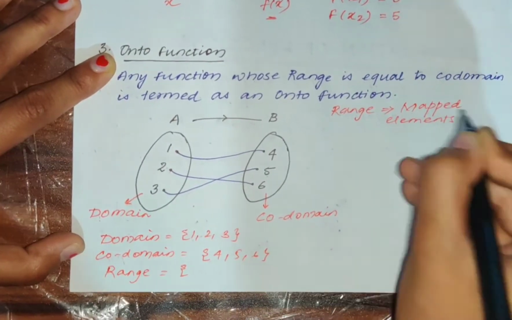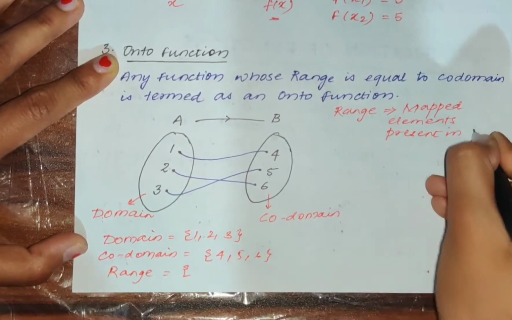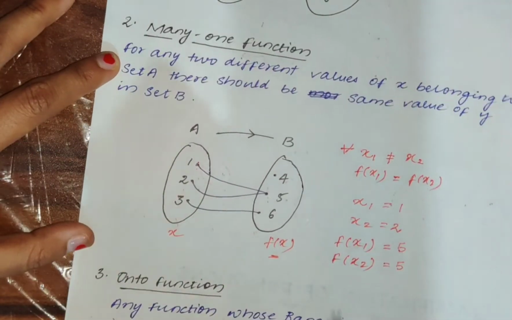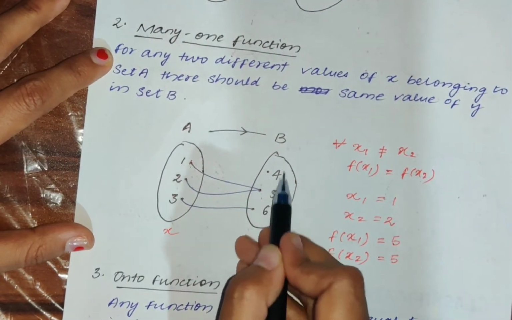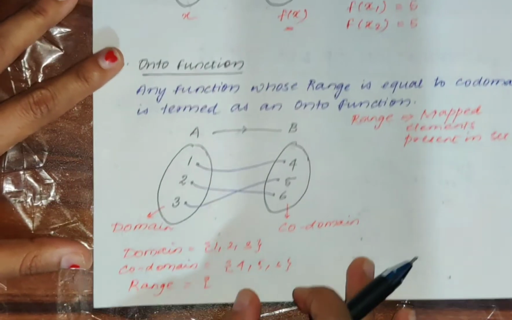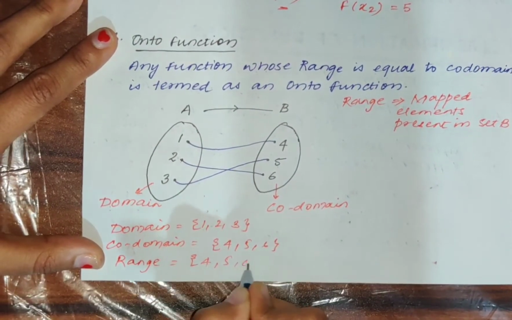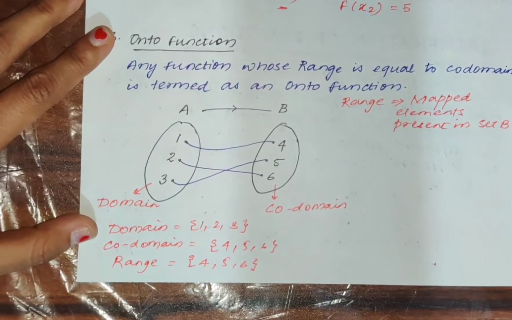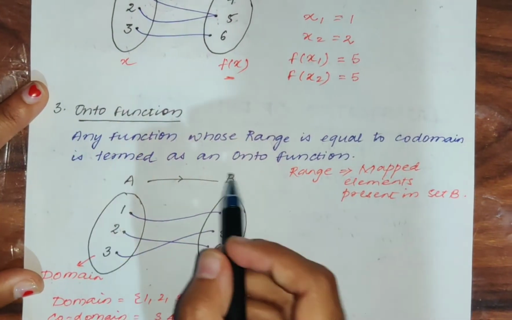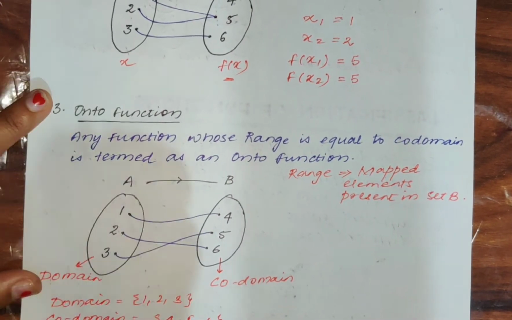All the mapped elements present in set B. Like in the previous example, there was one element which was not mapped. So there the range is only 5 and 6. But here, all the elements are mapped. Therefore, 4, 5, 6 comprise the range. So onto function says if a function has its range equal to the codomain, then it is known as an onto function.